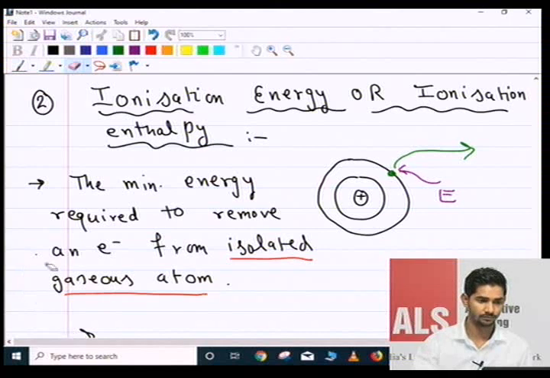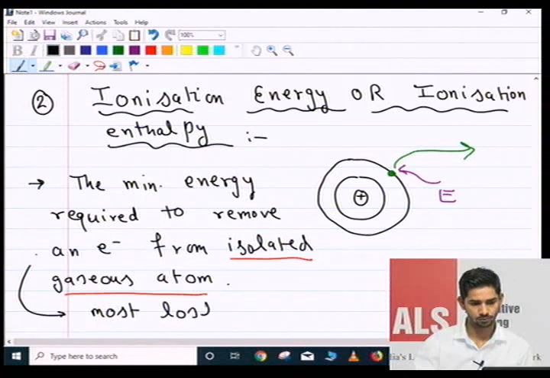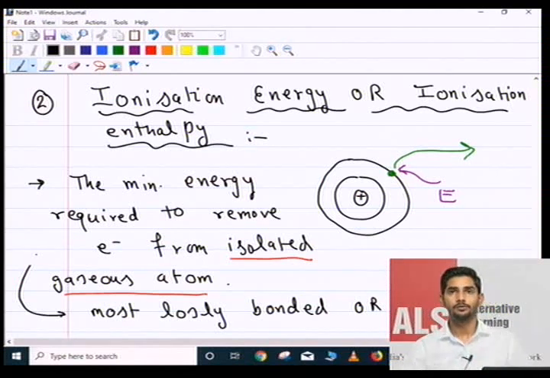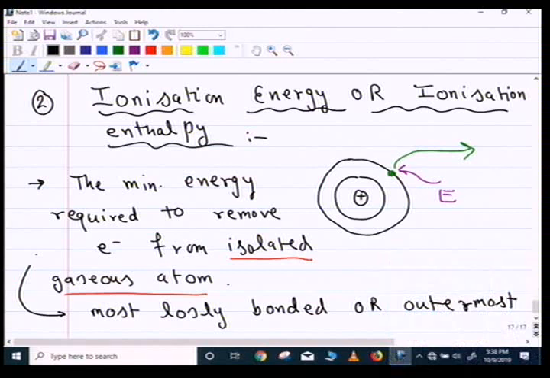To remove the most loosely bonded, or we can say outermost, electron. So this is the main line: isolated gaseous atom.